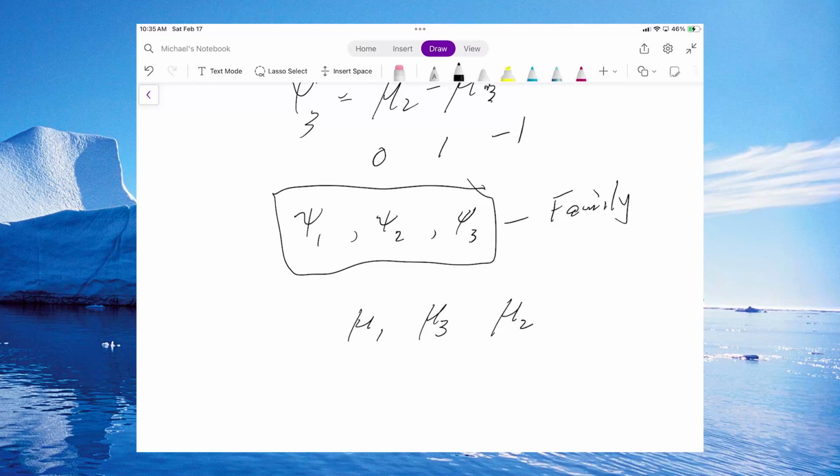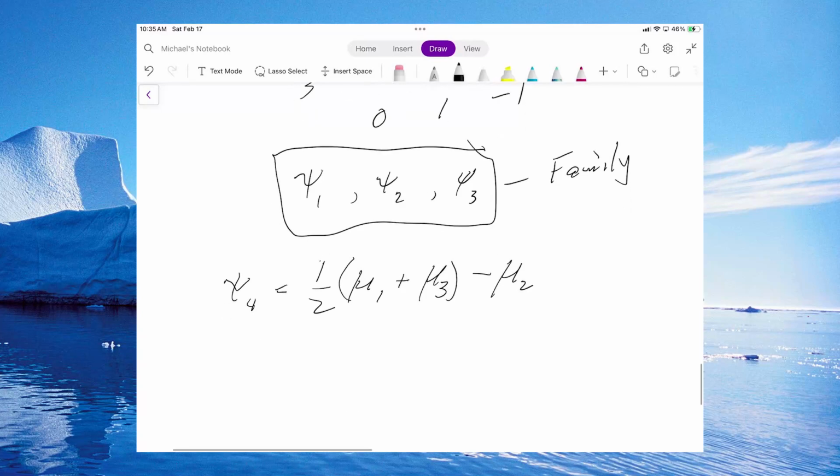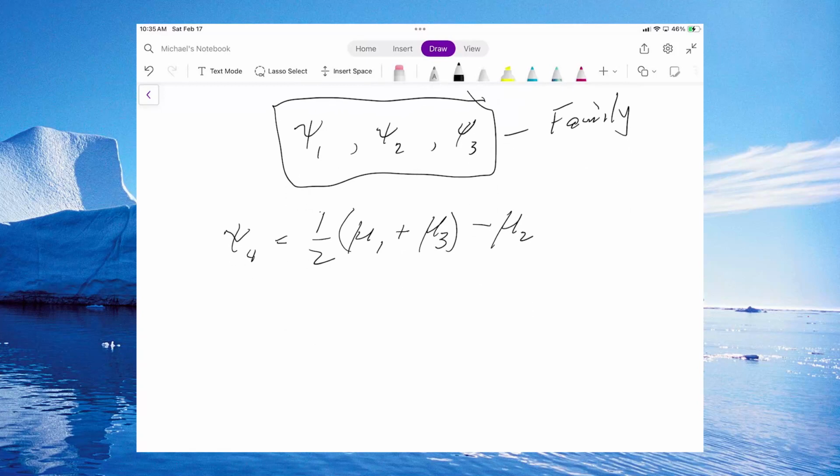Well, one way to do this would be to average the means from groups 1 and 3, and contrast it against group 2. And this would create potentially a fourth psi, a fourth contrast. If you think about the weights, the coefficients, we have half for group 1, -1 for group 2, and half for group 3.